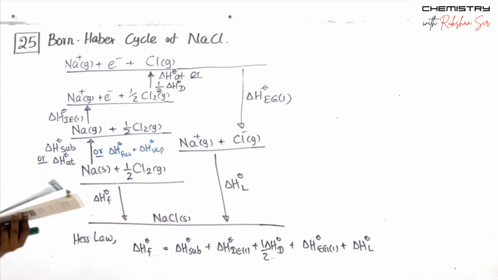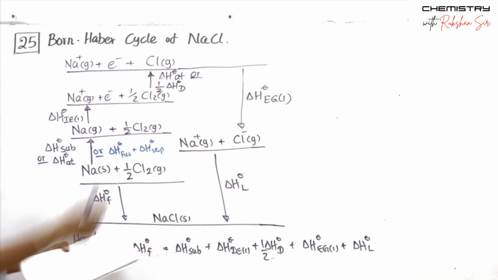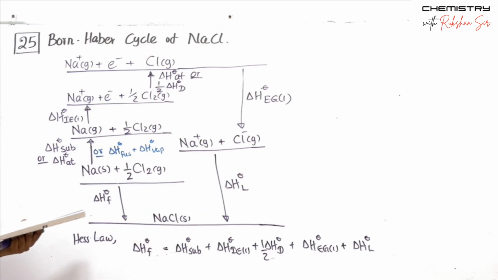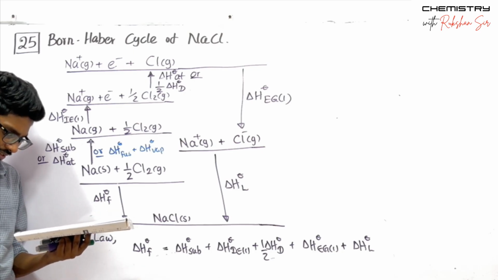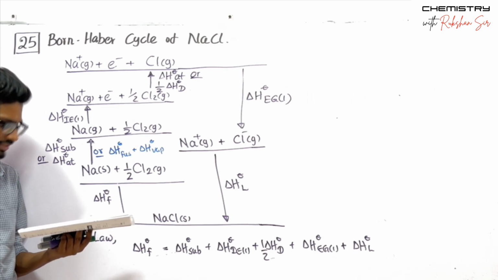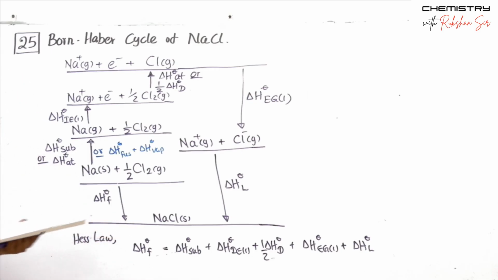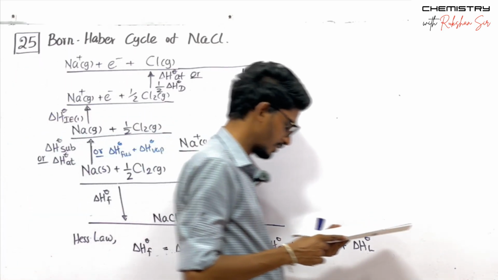Cl2 gas converts to 2 of Cl gas, and that into half is used in this case. So that is also acceptable. Then Cl gas accepting an electron, that is electron gain. That is also there. And finally, the fifth one is the lattice enthalpy, the lattice formation enthalpy. That is also there.